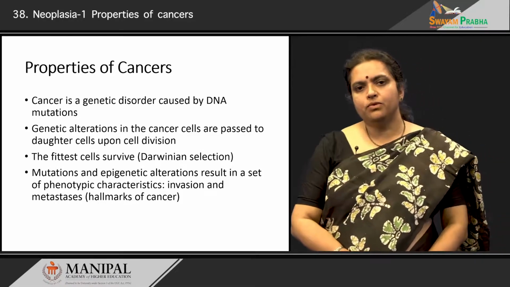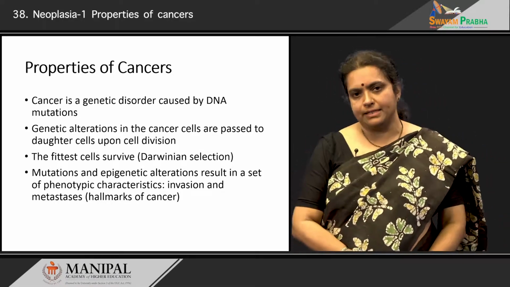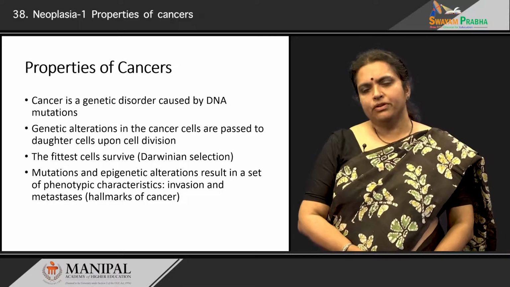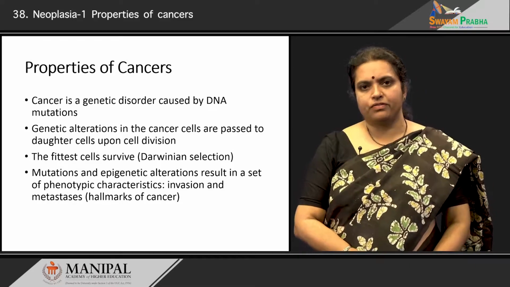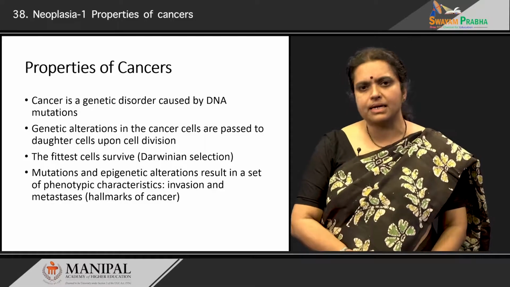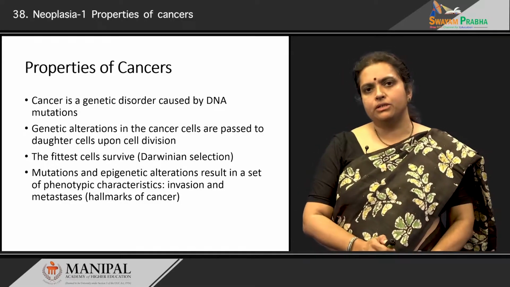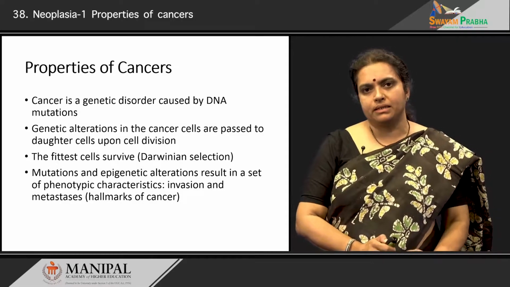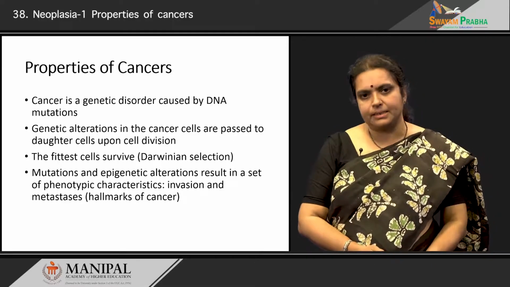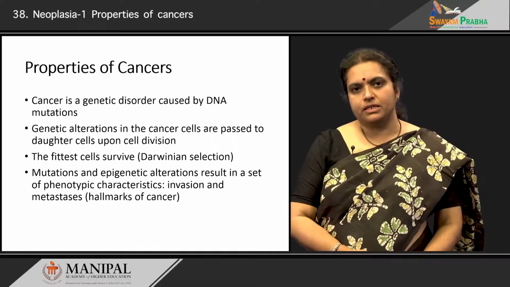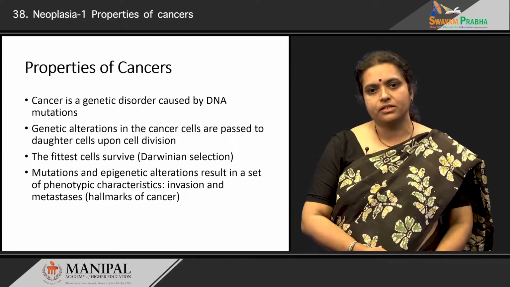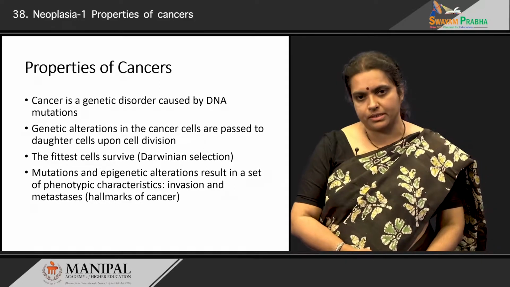Right. So, we will move on to the properties of cancers. Before we get into the details of the different aspects of cancers, there are some general rules and properties that we need to understand about cancers. The first and foremost is that cancer is a genetic disorder caused by DNA mutations.